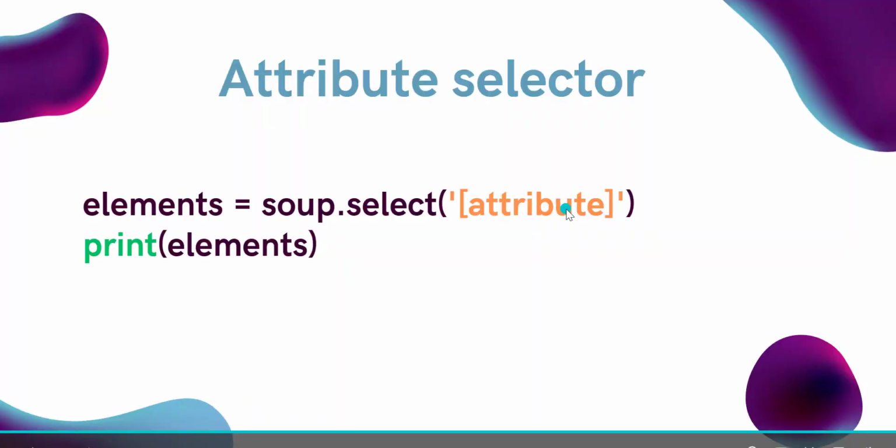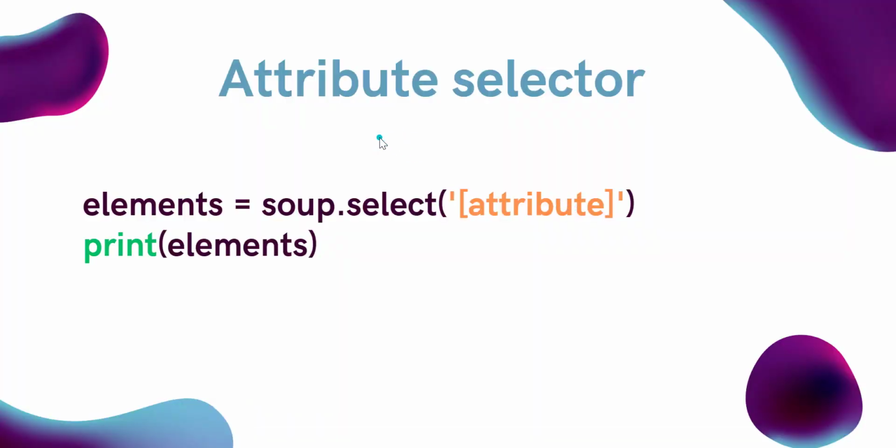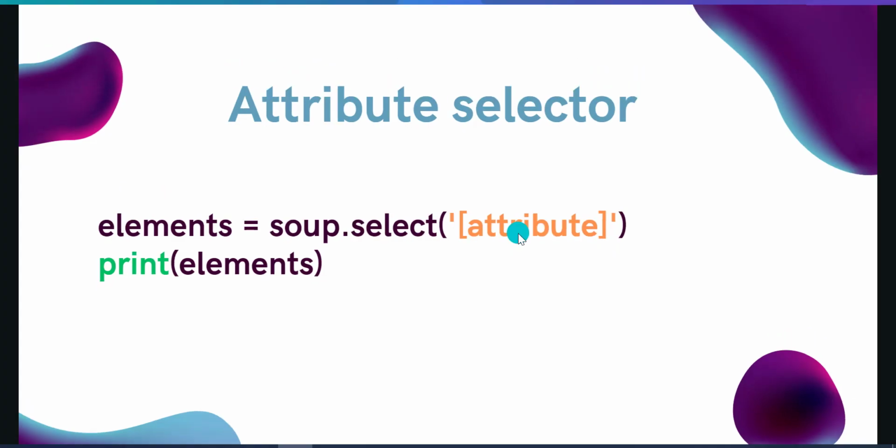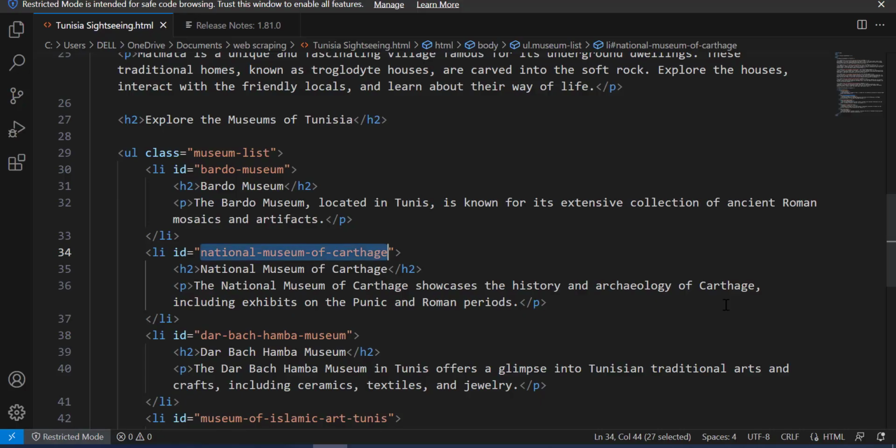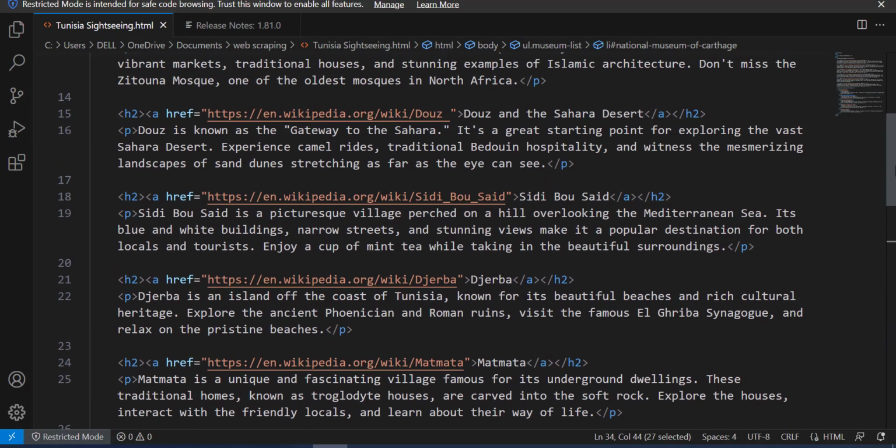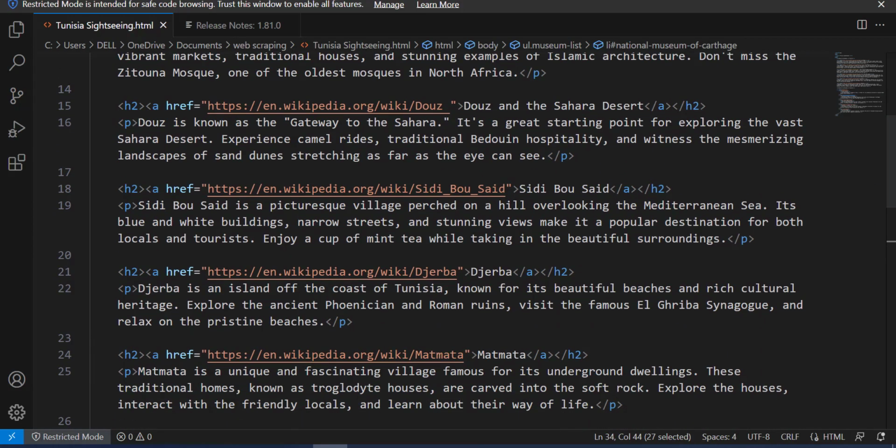And the final CSS selector is the attribute selectors. So you will write the attribute between brackets. Let's try it. So in VS Code, we can look for the href attribute.